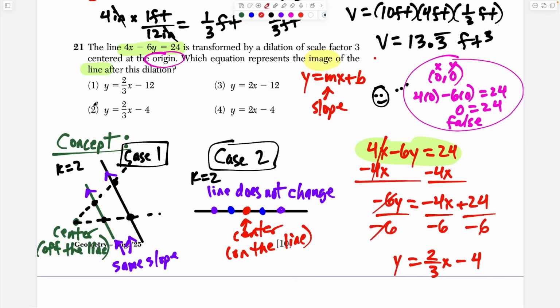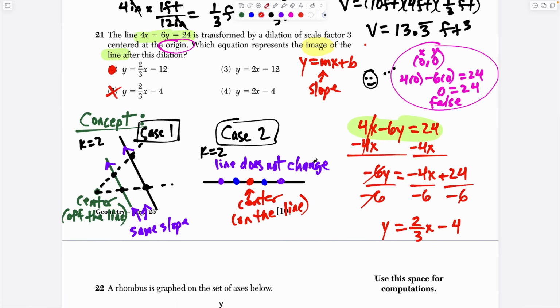So here I could tell right away we're narrowing it down to 1 and 2, but 2 we could chop because it would be the same line. That would be the case where (0, 0), our center of dilation, is on that line, so the starting line would not change. But if I have to show a little bit more work, how do I know that this line here, 2/3 x minus 12, is it?